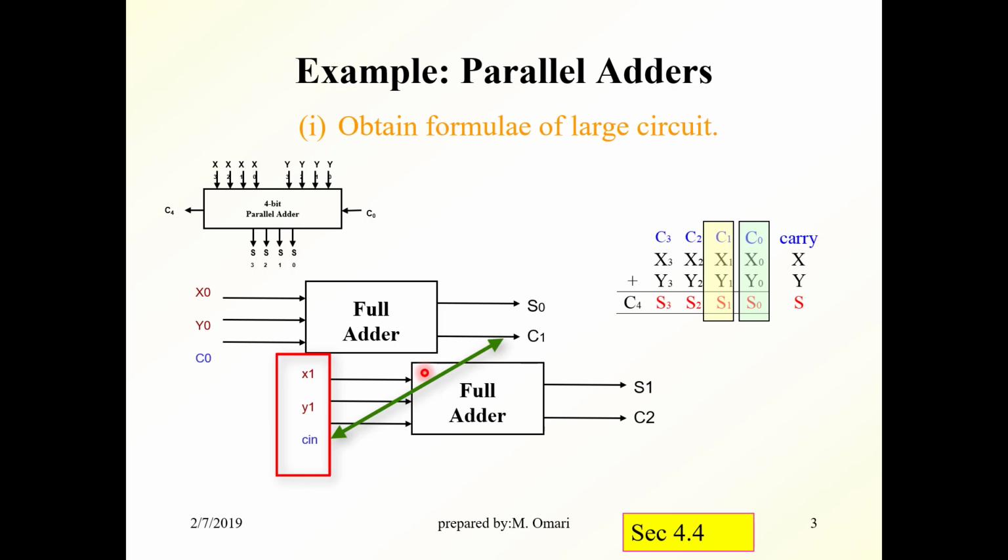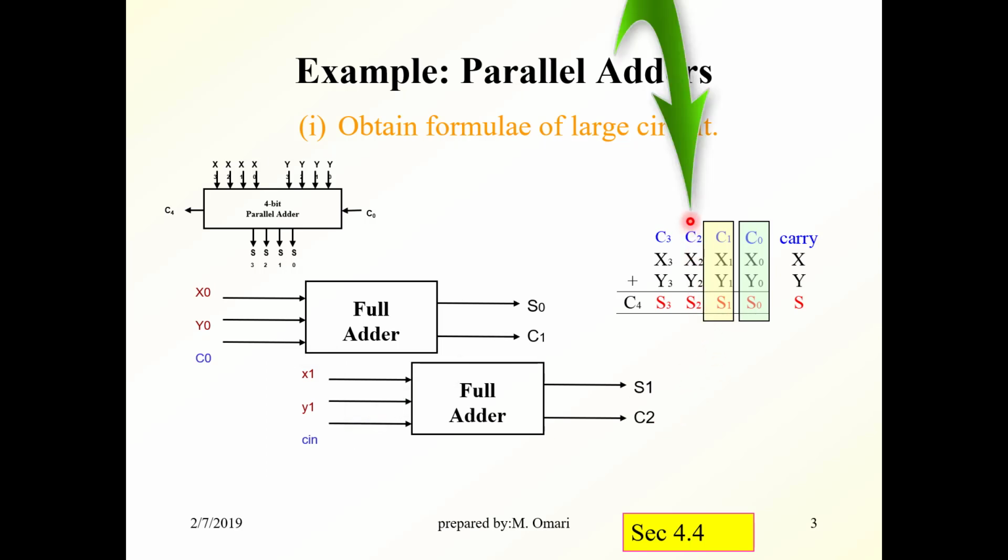So we connect this C1 here to Cn. Now the result is S1 and a carry, which is C2, that is taken to the other stage here. So we connect C1 as an input to the second full adder.